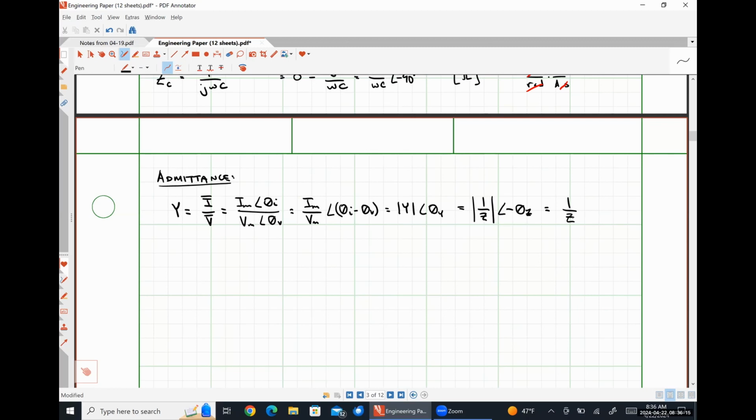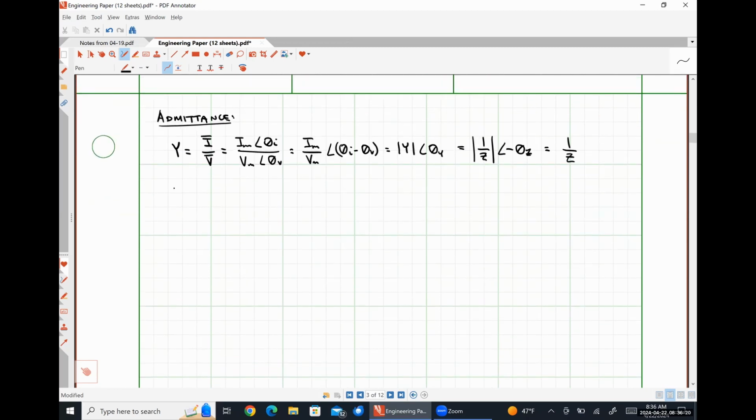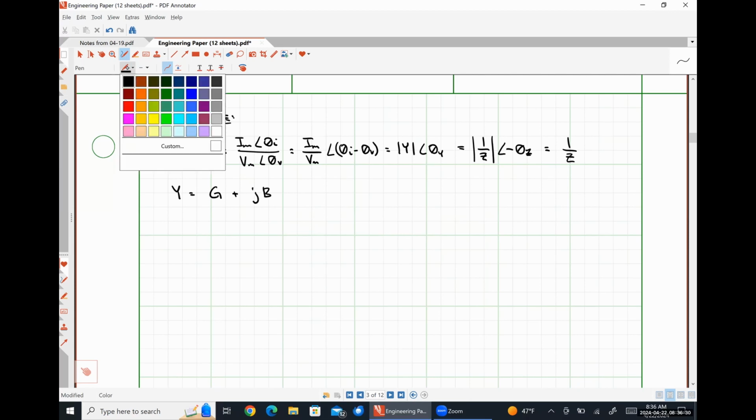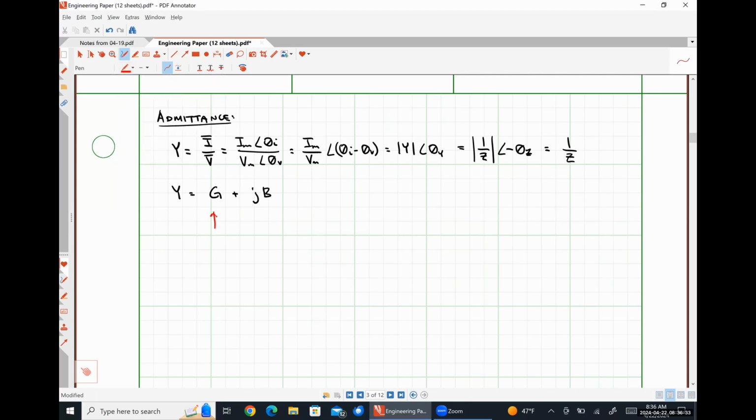In rectangular form, Y can be broken up into its real part and its imaginary part, where the real part of admittance is called conductance. And the imaginary part of admittance is called susceptance.